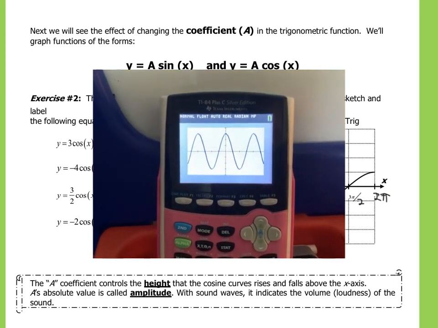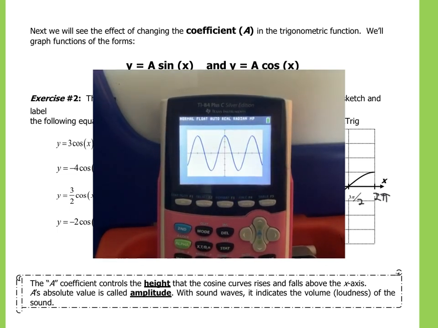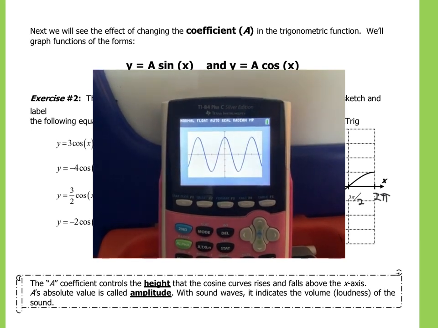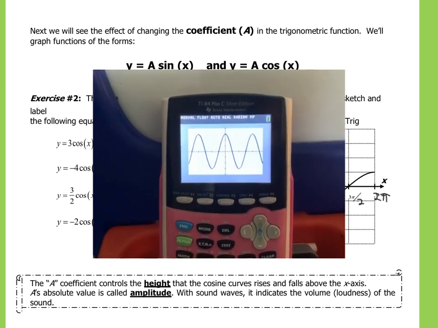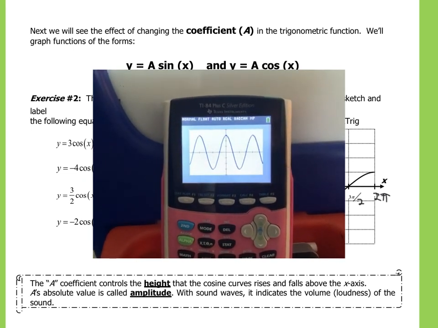So it looks like those little tick marks are pi over 2, pi, 3 pi over 2, and so on, right? So it matches the same graph, all right? So I want you to take a minute and graph this onto the graph that you have now.